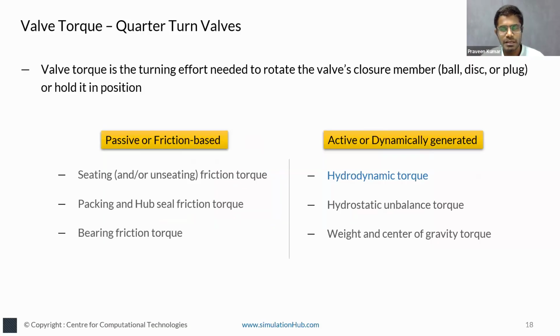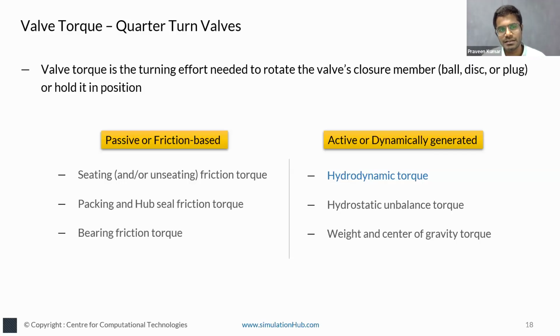The torque is some extra energy, right? That is required to overcome certain forces or energy. So that is categorized into two things: friction based resistance and dynamically generated resistance.